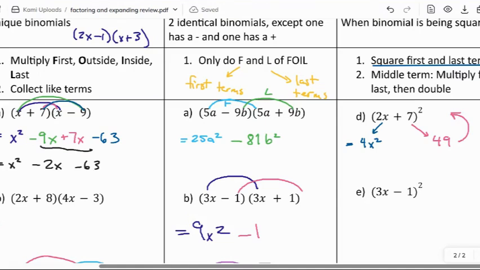That is really important for you to recognize that. Okay? So let's practice it. What do we do for the middle term? Multiply the first and last term, then double it. Watch this. Multiply these two and double it.